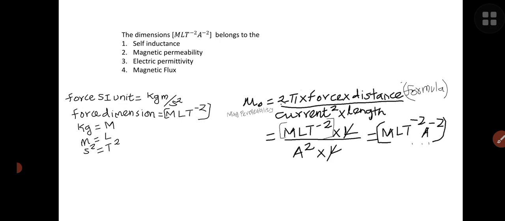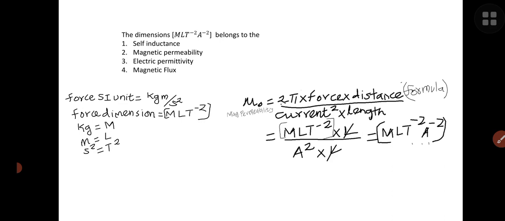Substituting the dimension for force, we get M L T power minus 2, the dimension for distance is L, dimension for current is A, dimension for length is L. Now cancelling the common terms, we get the final answer for magnetic permeability as M L T power minus 2 A power minus 2.